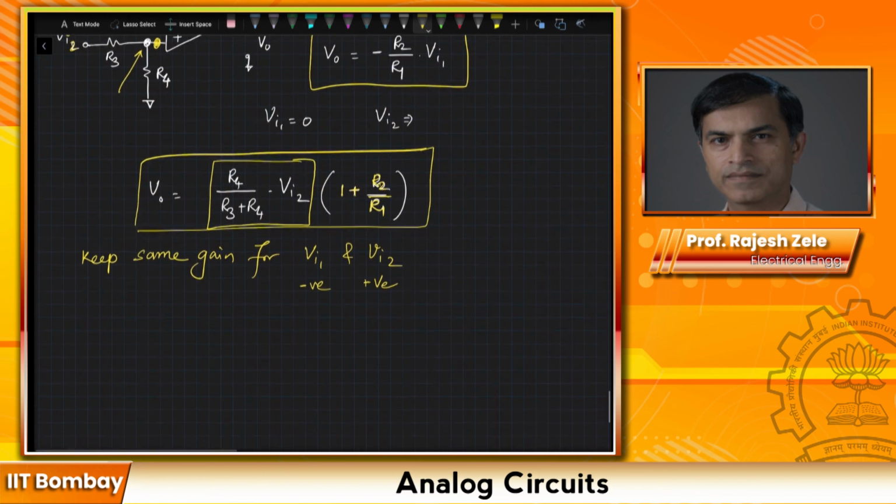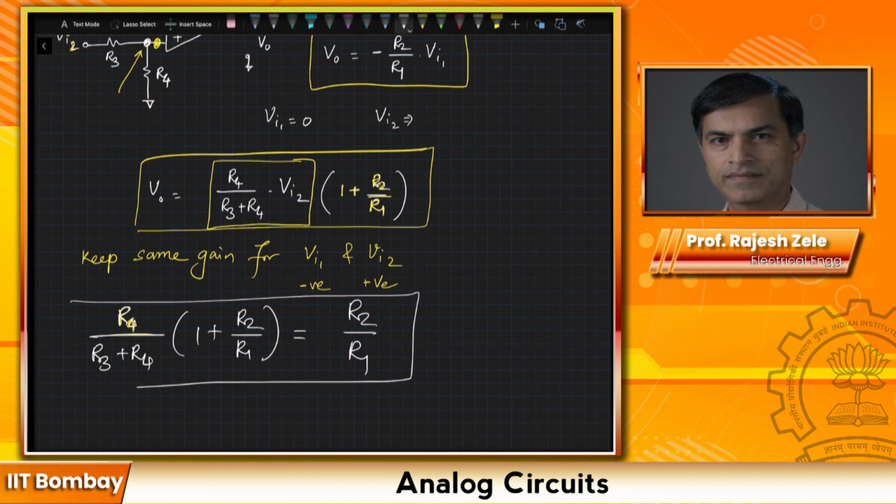In that case, what you will get is R4 divided by R3 plus R4 times 1 plus R2 divided by R1 is equal to R2 divided by R1. That's our desire. And if you solve this equation, you will quickly come to the conclusion that R2 divided by R1 is equal to R4 divided by R3.